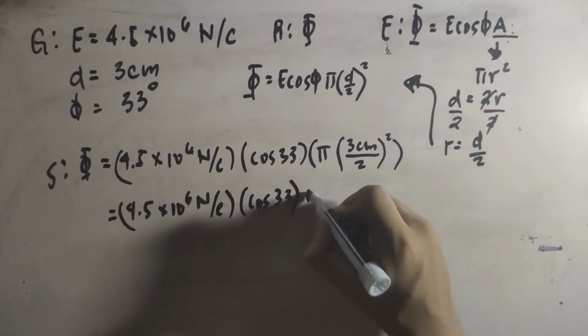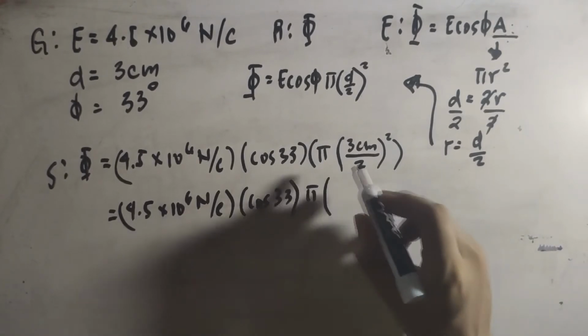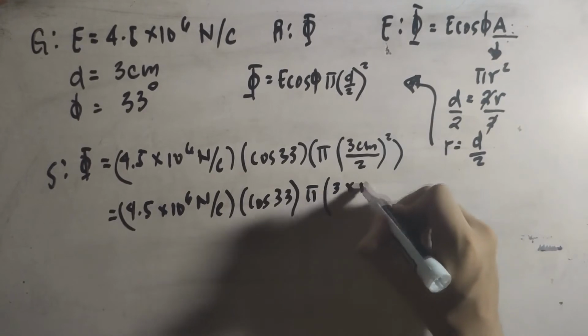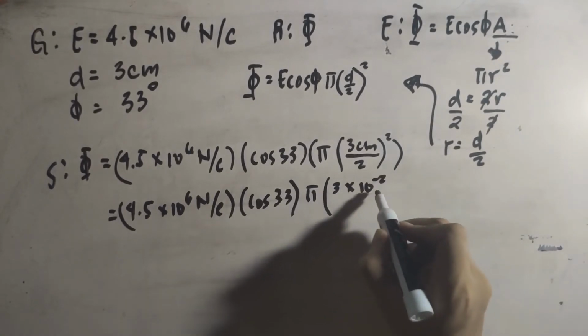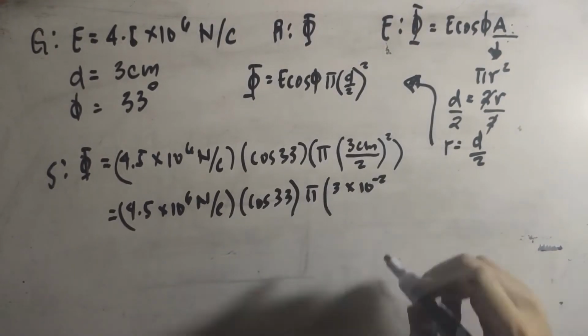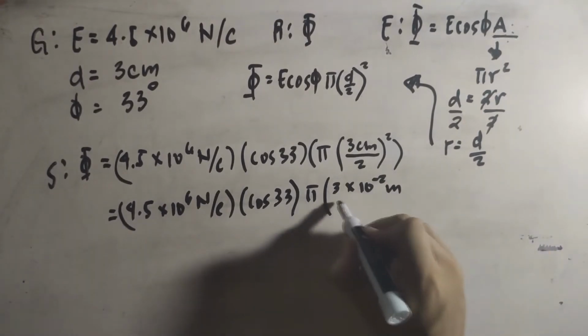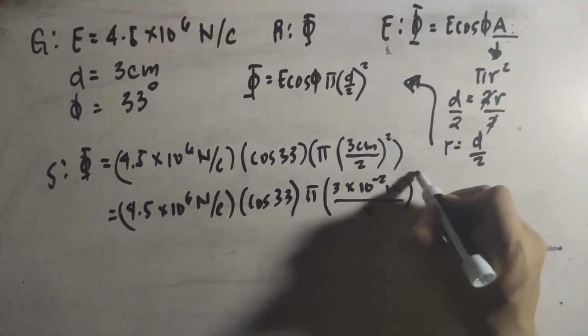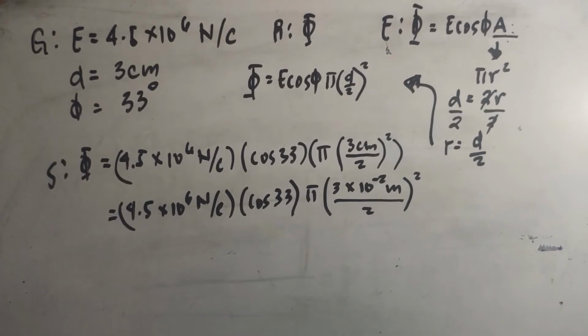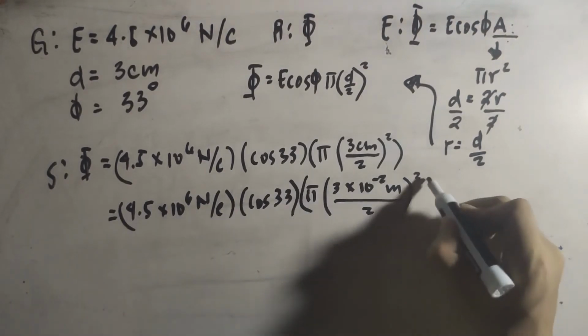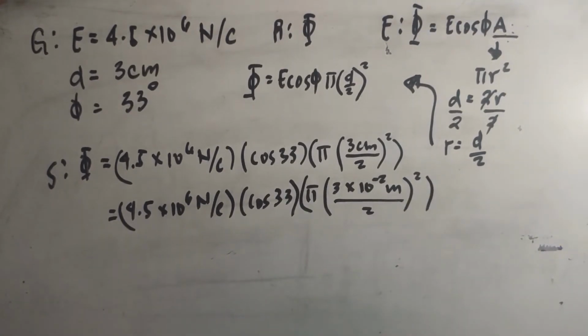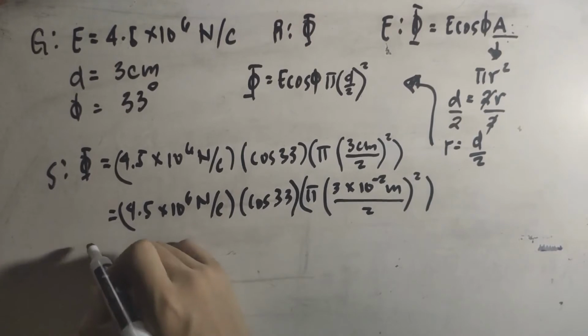So then this would be pi times 3 times 10 raised to negative 2, since 10 raised to negative 2 is centi, correct? Meters over 2, okay, to be squared. Okay, then let's place the parentheses here. Then after this, you can now actually put the values in your calculator. Then that's it. So let's try to do that.